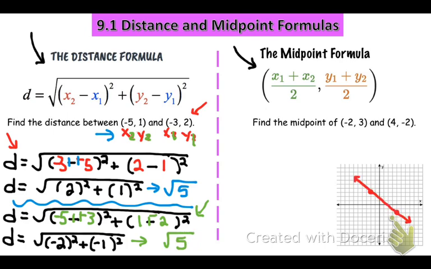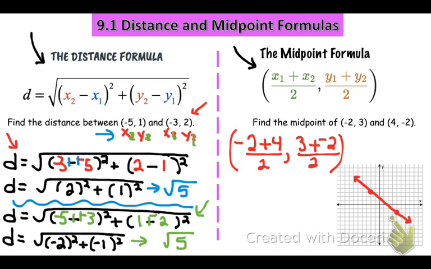Our midpoint formula simply says to add the x's and divide by 2, and then add the y's and divide that by 2. So we have -2 plus 4 divided by 2, and then 3 plus -2 divided by 2.